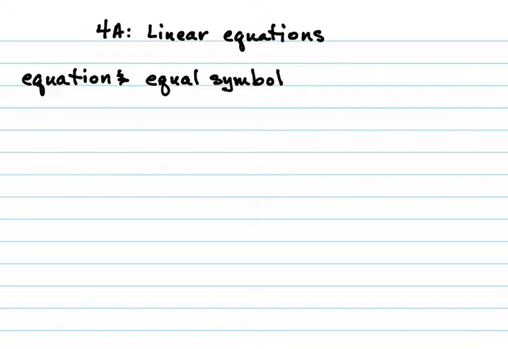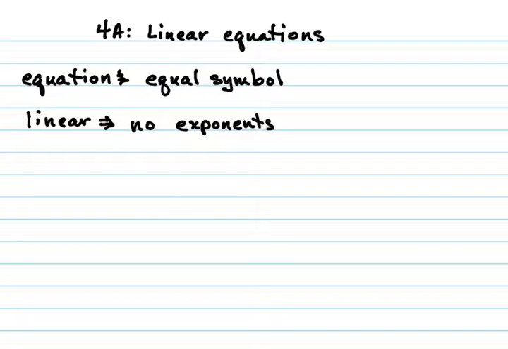It's fine. So, equal symbol, that makes it an equation. What makes it linear is just as easy. There are no exponents or radicals, also known as surds for you guys sometimes.